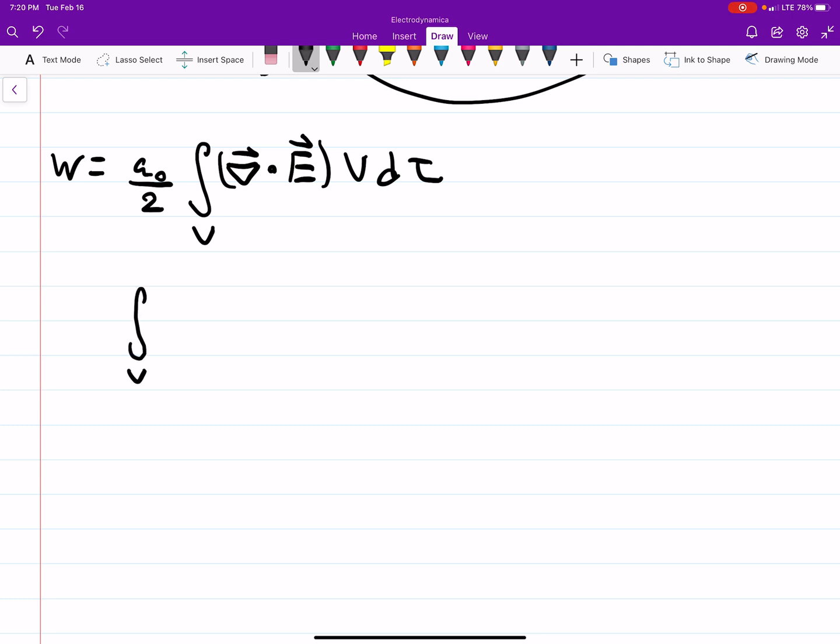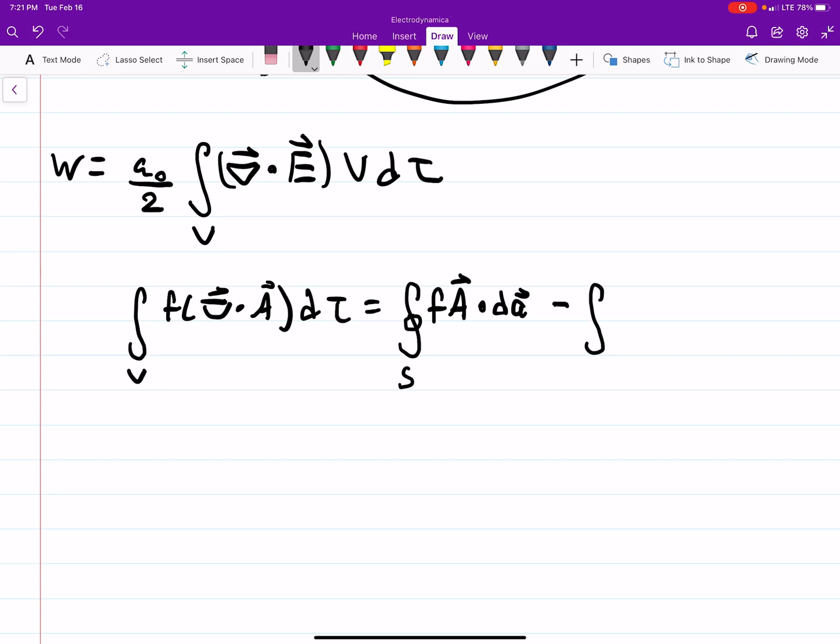So the integral over a volume of f, the divergence of vector A, d tau, is just equal to the closed surface integral of some function times our vector A dotted with our area vector, or our dA, minus the integral over a volume of A dotted with the gradient of f, d tau. Okay. So this is the equation at the end of the book, something we used in one of our homeworks.